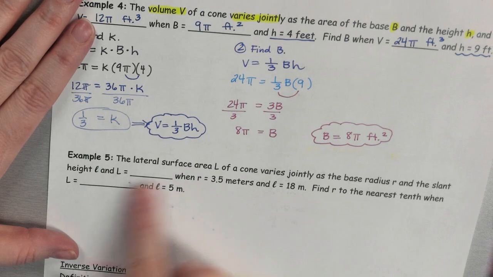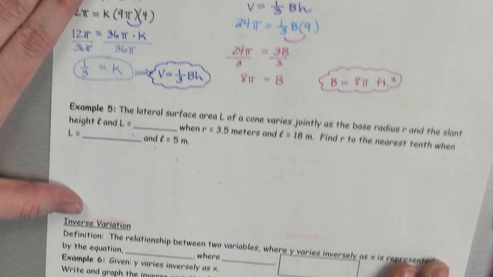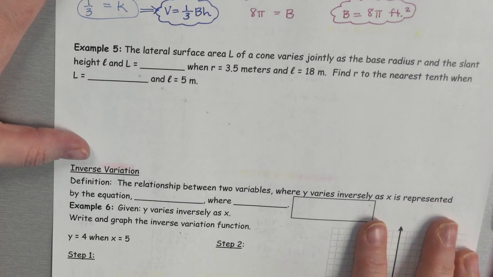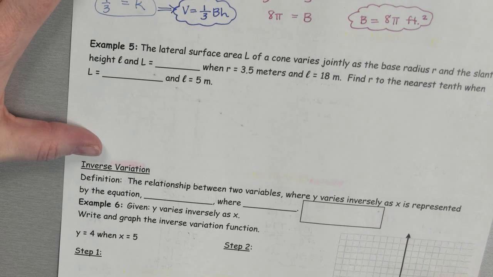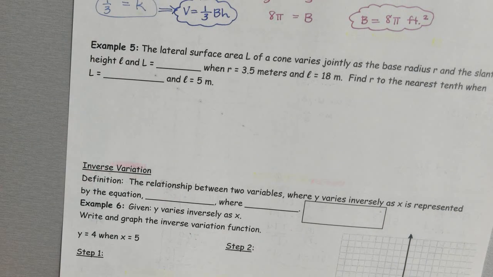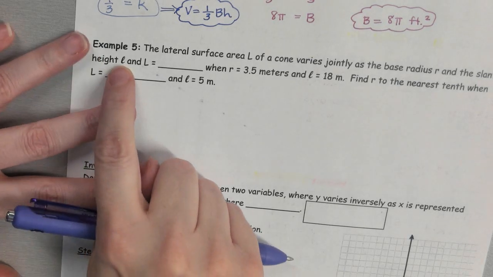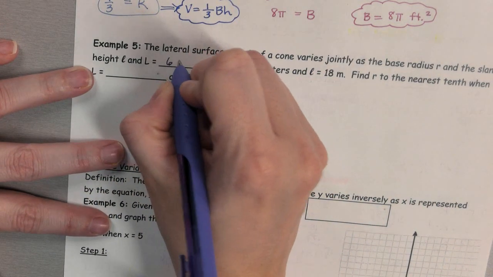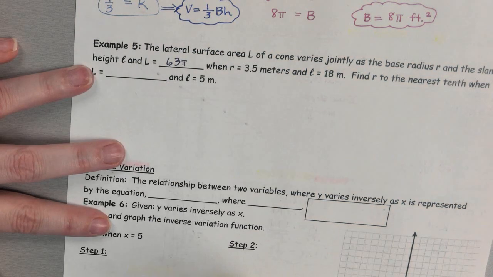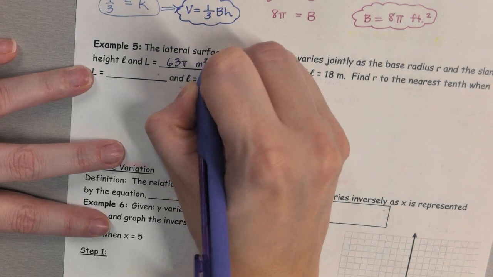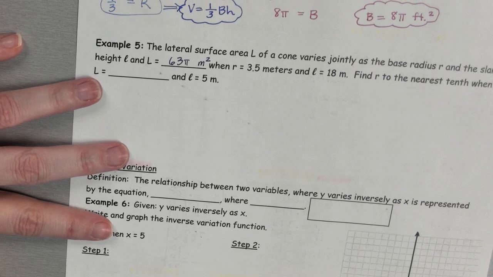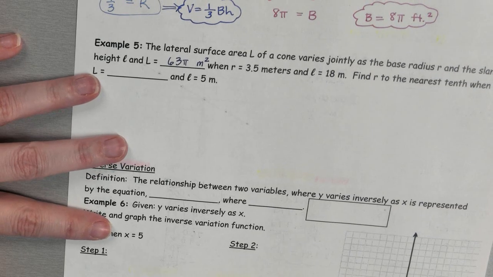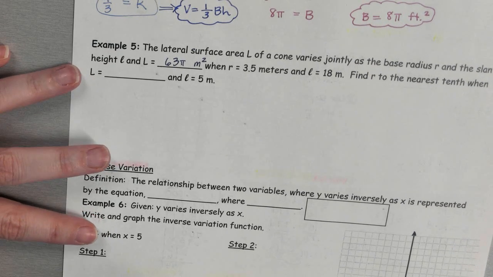All right, I'm going to give you guys a chance to do this one once I give you the values. So for example 3, the lateral surface area L of a cone varies jointly as the base radius r and the slant height, remember it's a cursive l, and L equals 63 pi, this is in meters squared, when r equals 3.5 meters, and the slant height is 18 meters.